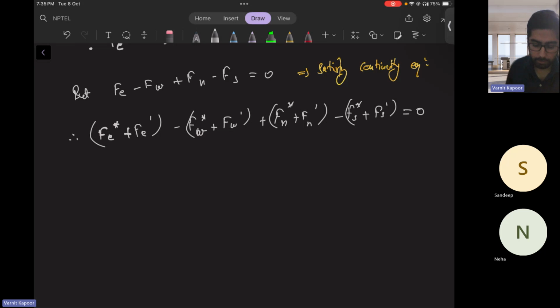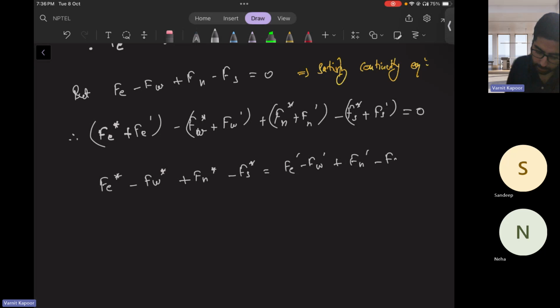Now you know all the values, so you can say that Fe star minus Fw star plus Fn star minus Fs star is Fe dash minus Fw dash plus Fn dash minus Fs dash. Taking star values here and dash values separately.